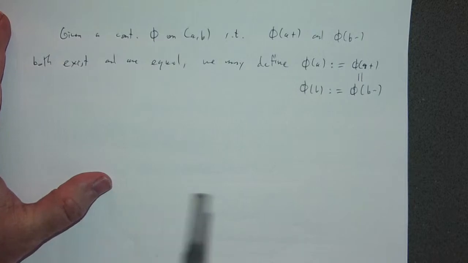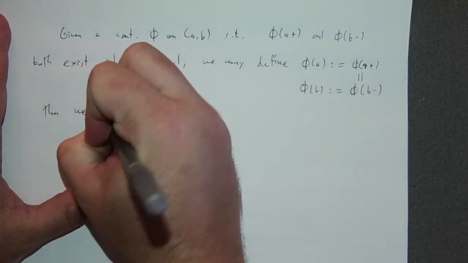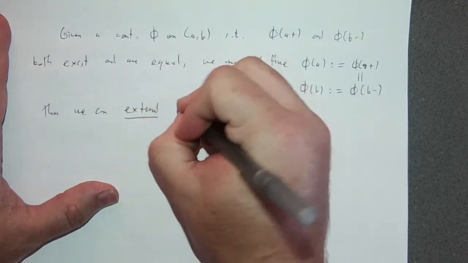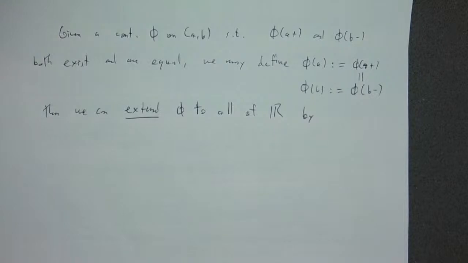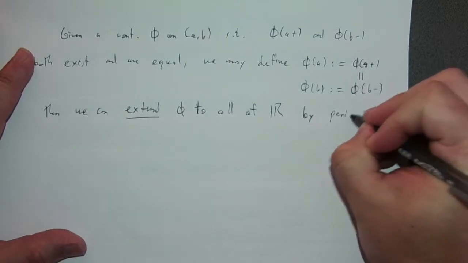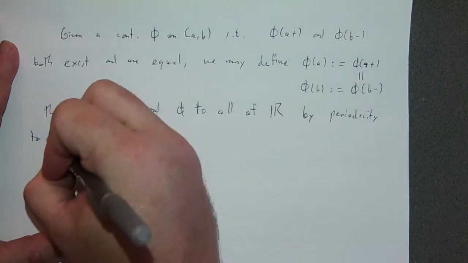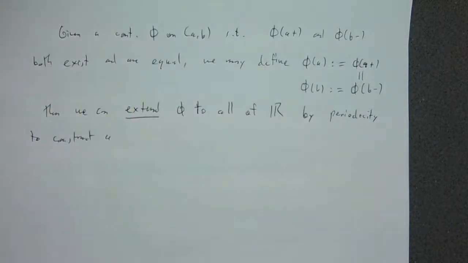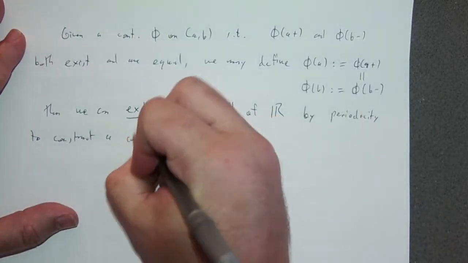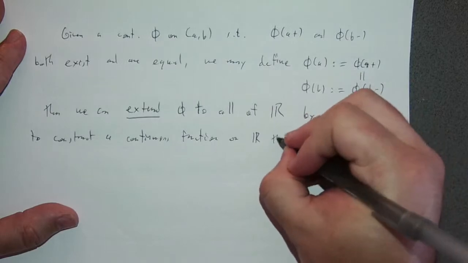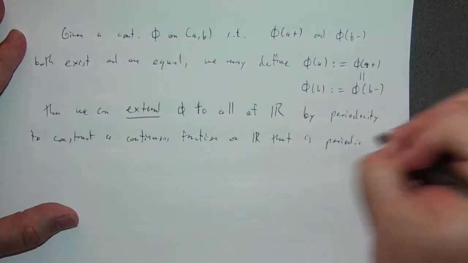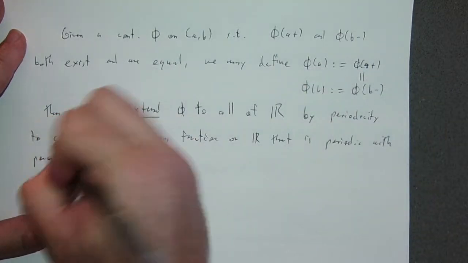So then we can extend phi to all of R by periodicity to construct a continuous function on R which is periodic with period b minus a, the length of that interval.